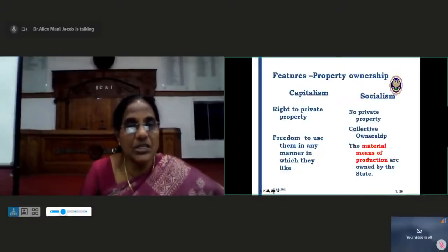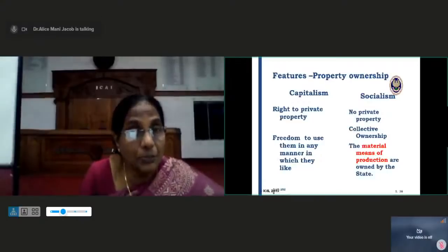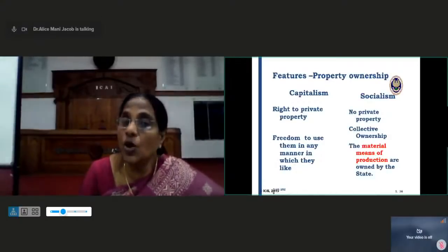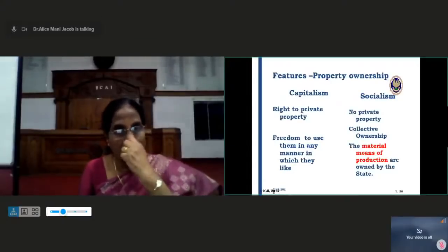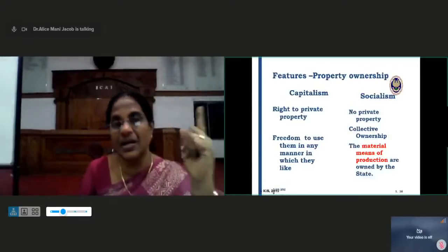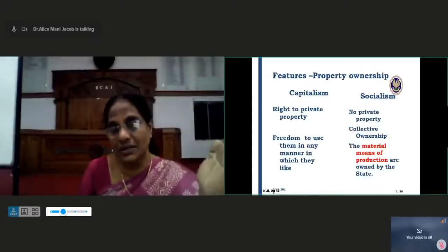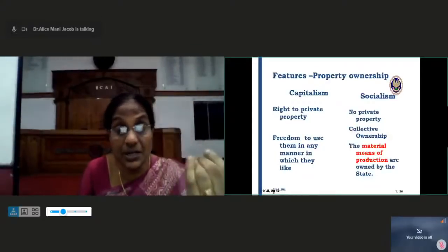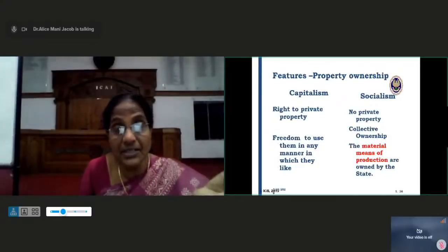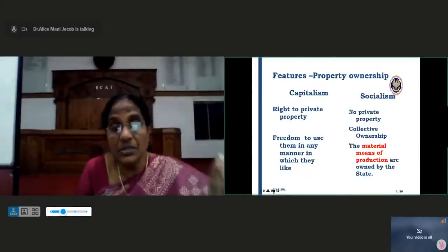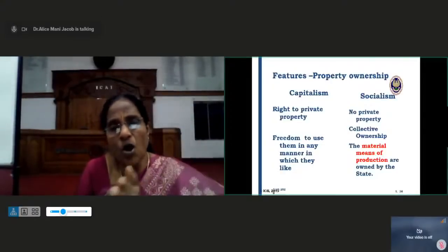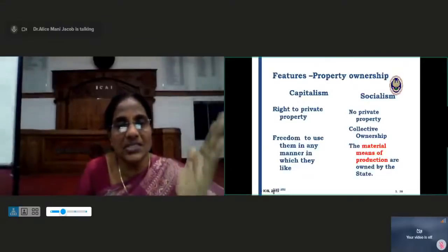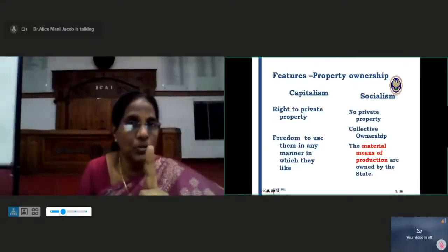But in socialism, there is no private property. It doesn't mean you don't have your clothes, it is yours. Your house is yours. But material means of production, please do not misunderstand. Means of production: farms, factories, mines, all service sectors, banks, all means of production of goods and services are owned by the state.